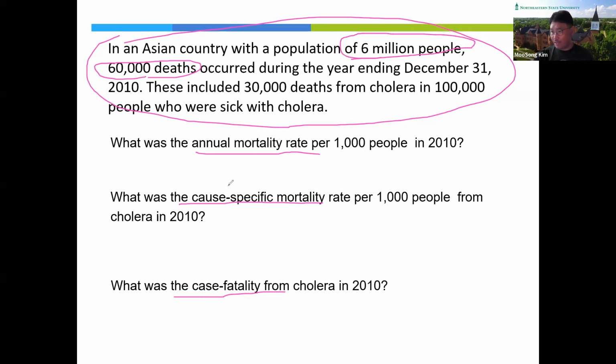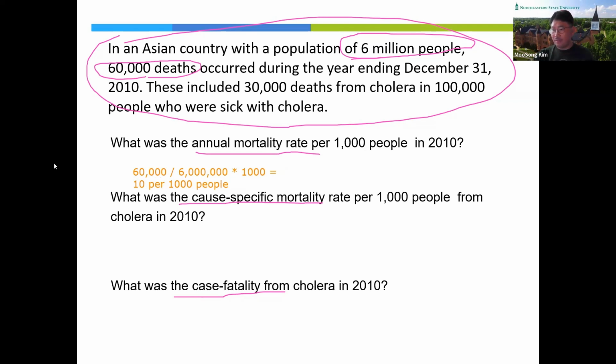So we get 60,000 over 6 million times 1,000. So we got 10 per 1,000 people, right? Okay, good.